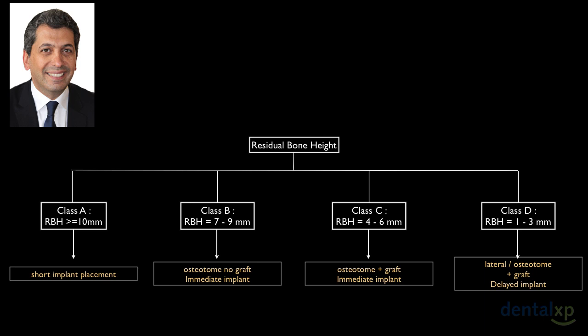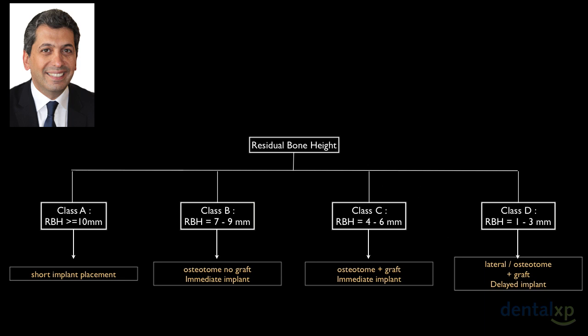Whenever we had 7 to 9 millimeters of bone, we can use an osteotome, just break the cortical bone, and place an implant of 10 millimeters without having to put any graft. Or even if you have 8 millimeters, you can place an implant of 8 millimeters, especially if you can place a wide implant. And it will be a very predictable implant placement.